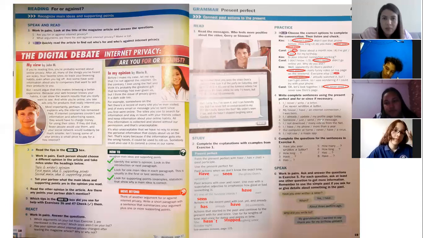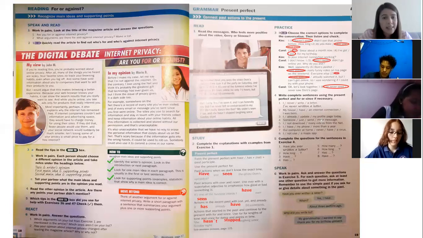Right, for part 4. I think we have time. Write complete sentences using the present perfect with for or since. Recuerden que for es para decir por tanto tiempo y since es desde cuánto tiempo.